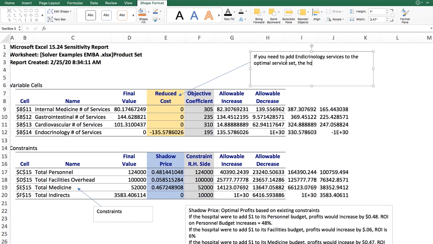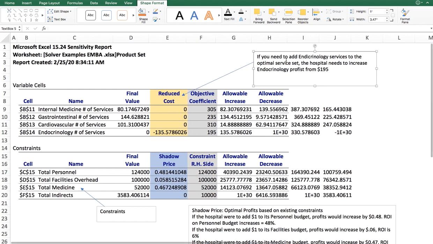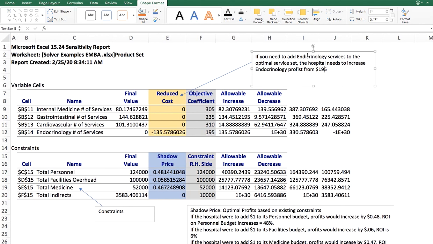the hospital needs to increase endocrinology profits from $195, which is its existing profit, right? That's what you see right out there.